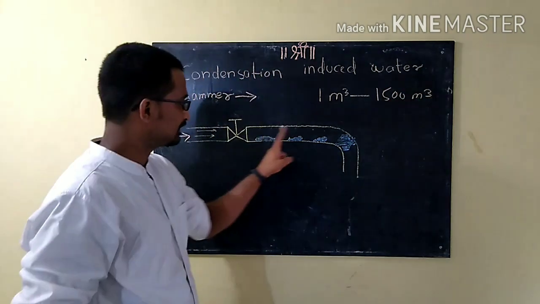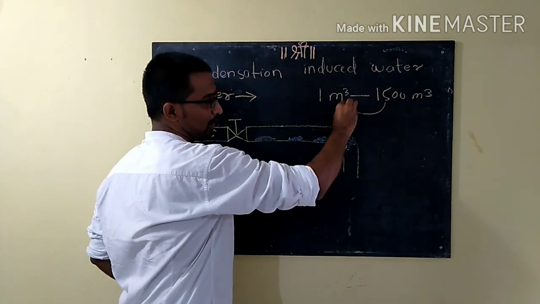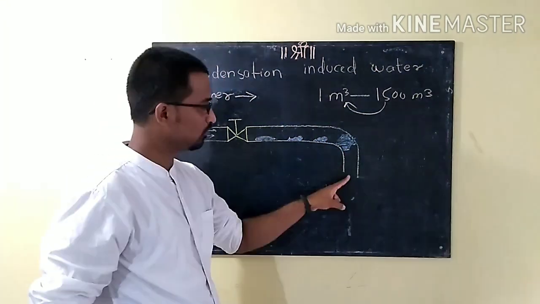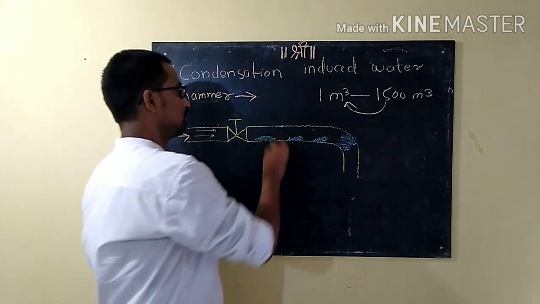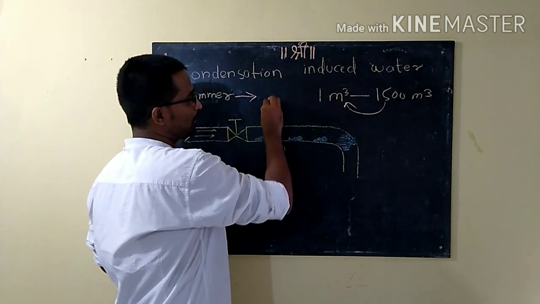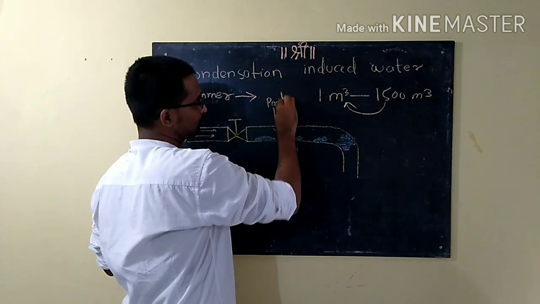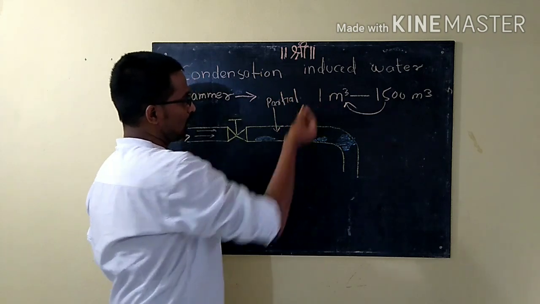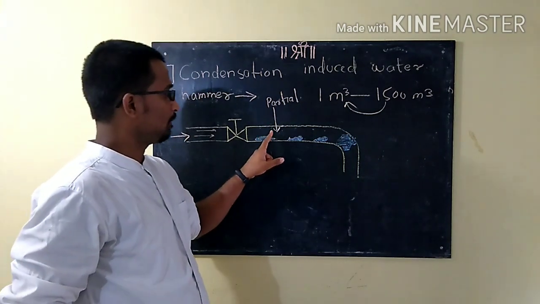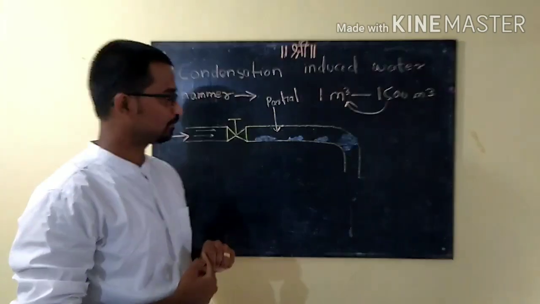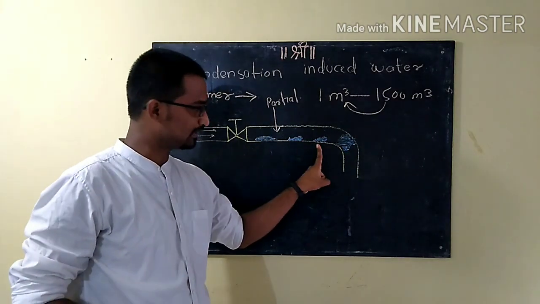So when the steam gets condensed, the volume will be reduced, and a partial void space or partial vacuum will be created. And second, condensate water is there.